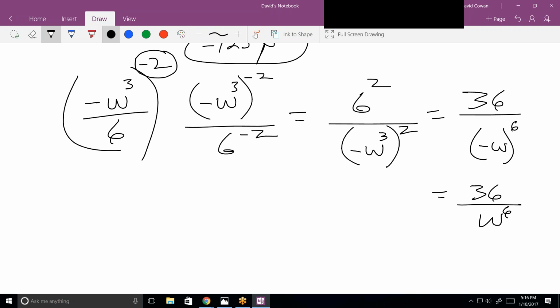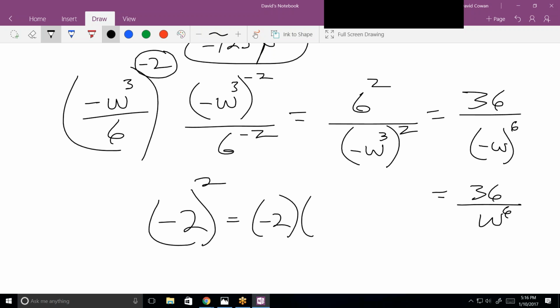Okay, let's take the number minus 2. Square it. Negative 2 times 1 means minus 2 times minus 2. And minus times minus is plus. So that becomes 4.